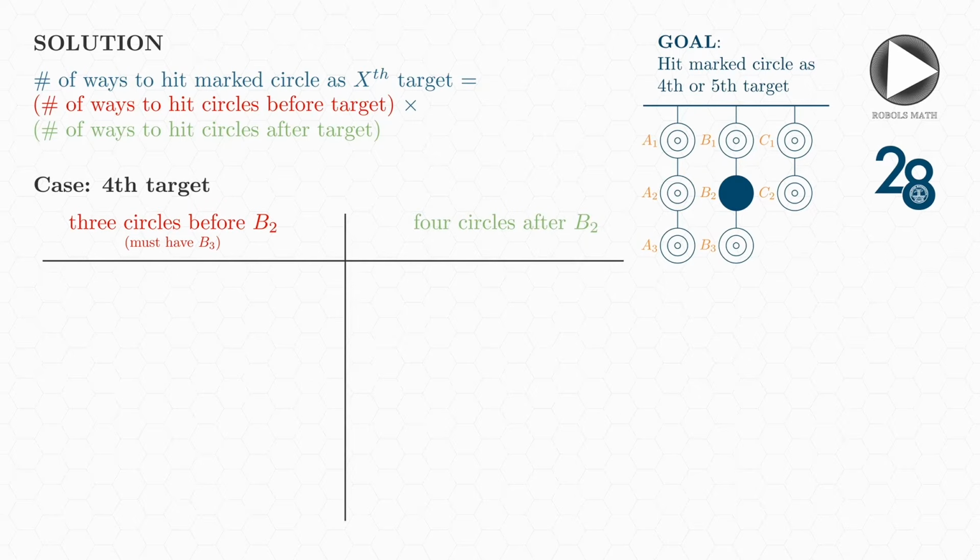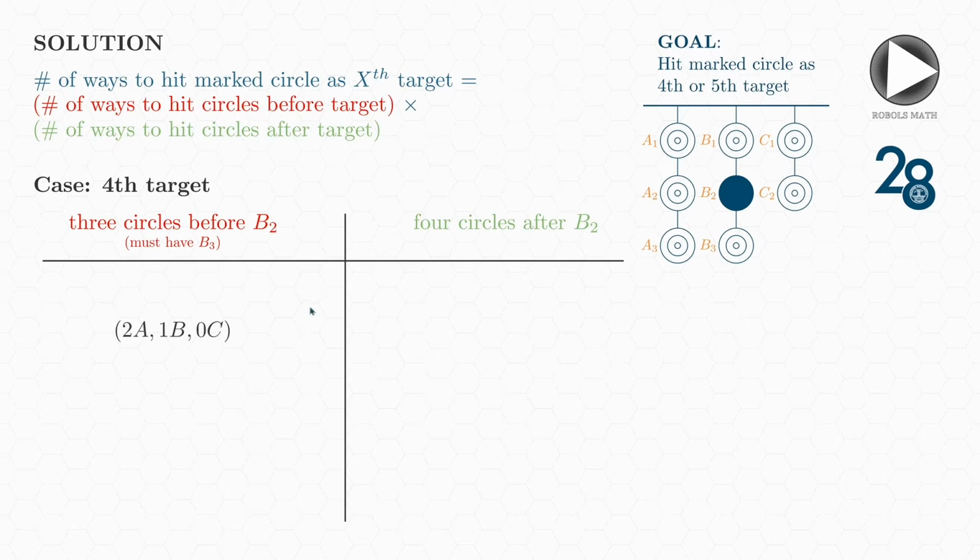So let's look at the possible configurations of having 3 circles before B2. One possible way is that you get 2 circles from the first column and then one B3. So we can have A3, A2, and B3. We put that in notation here as 2A and 1B, meaning two circles in column A and one circle in column B, right?